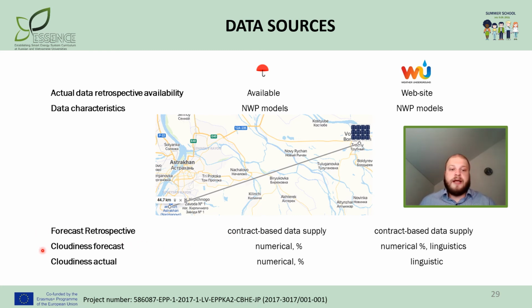So we have to analyze specific features of cloudiness forecasts and specific features of, for example, cloudiness actual values accuracy. And what is actually the value when we represent the cloudiness, is it given in percentage or in linguistic characteristics? It depends on the data source that we select for each specific problem under consideration.